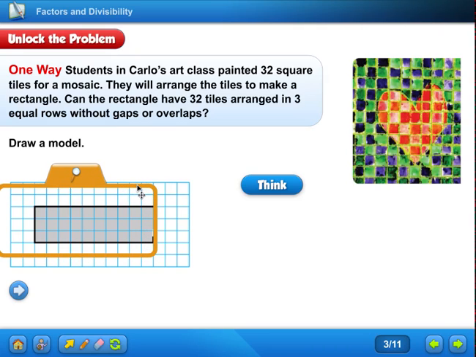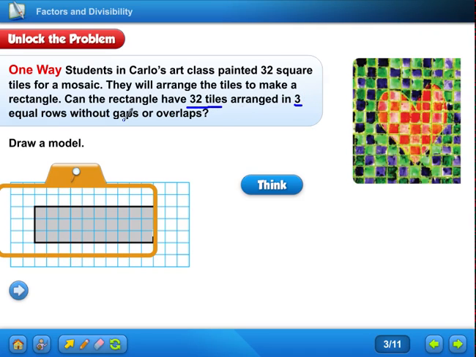And then let's count how many of these are so far. 1, 2, 3, 4, 5, 6, 7, 8, 9, 10. 10 across, 3 down. Do I need to keep going? How many do I have right here? I have 30.